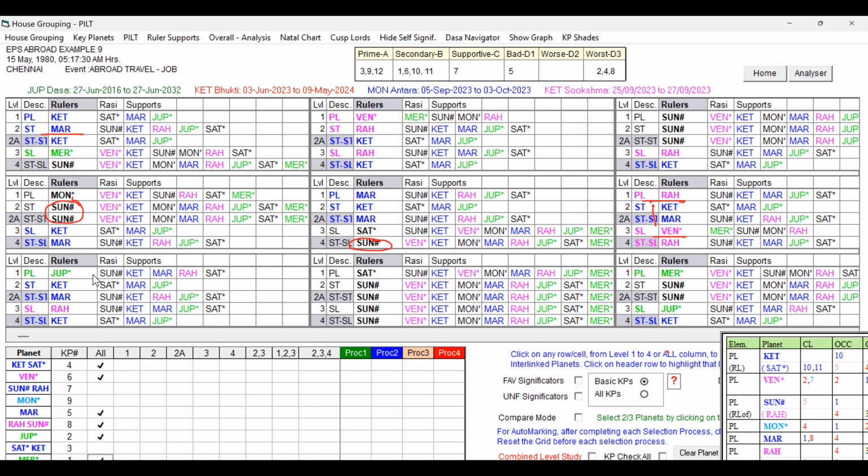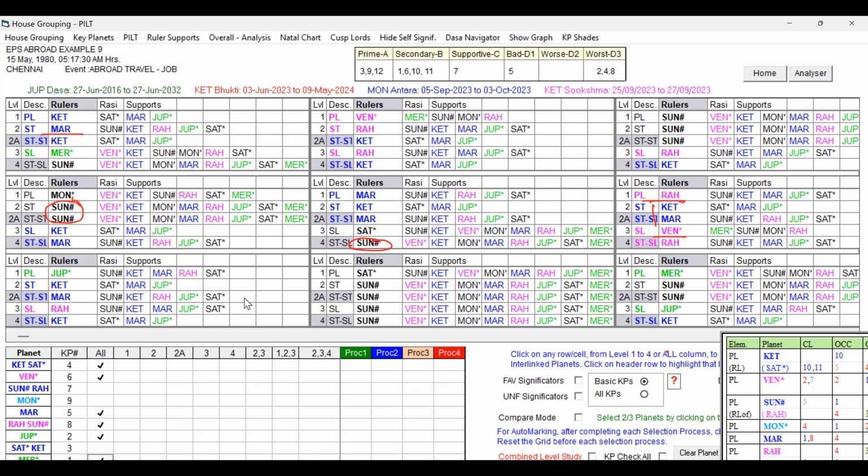You can see Jupiter is a good key planet forming a ruler link at all levels, making all planets supportive, and the remaining levels are also favorable. So Jupiter Dasa is running, he is still there, and he is working in the same company for a long duration, about 7 years so far.